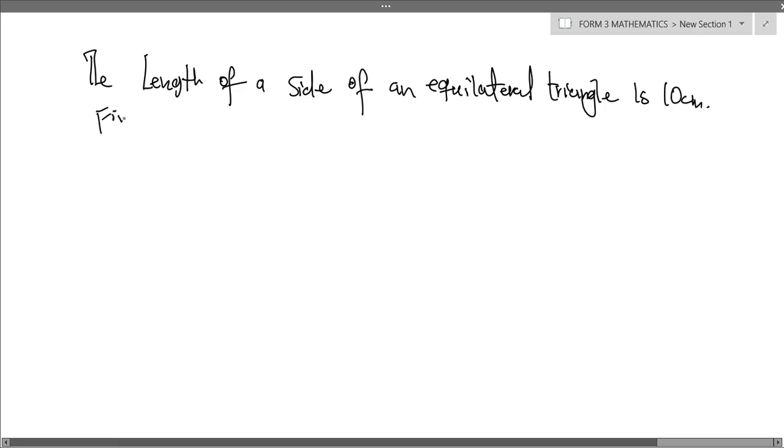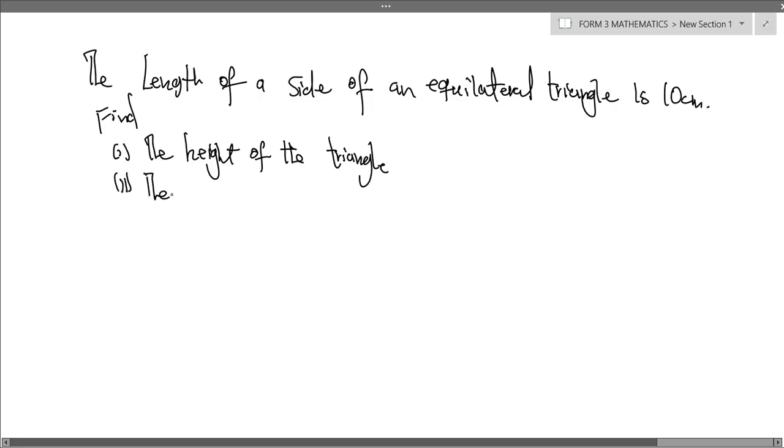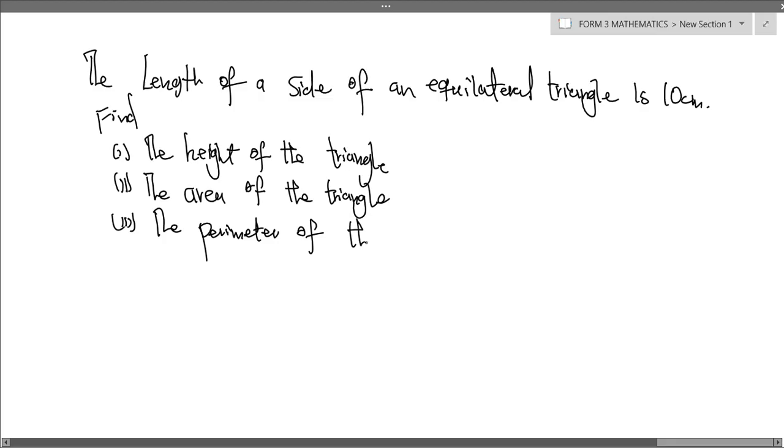Find (i) the height of the triangle, (ii) the area of the triangle, (iii) the perimeter of the triangle.